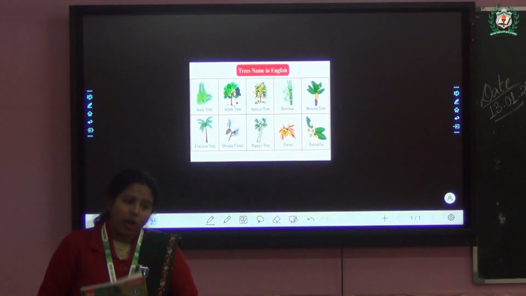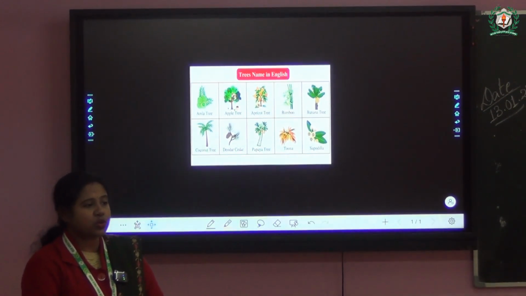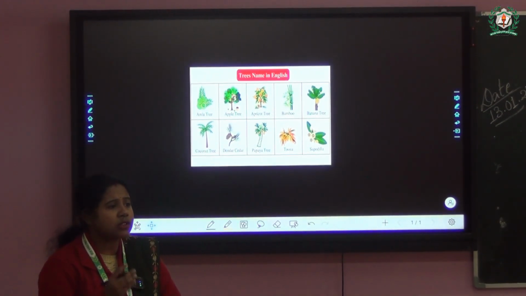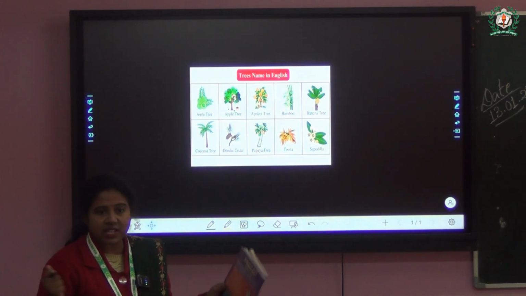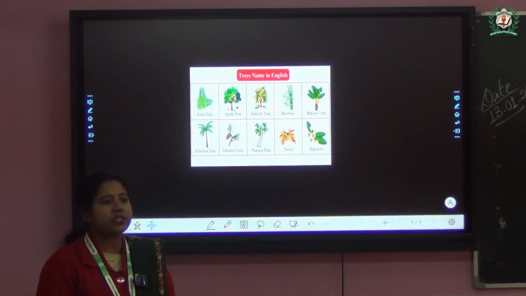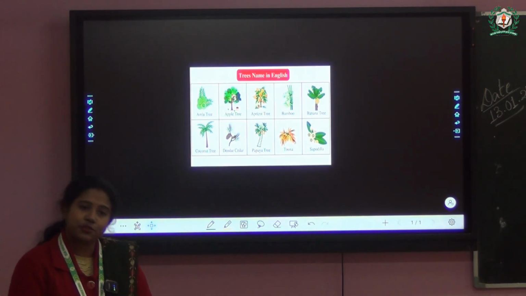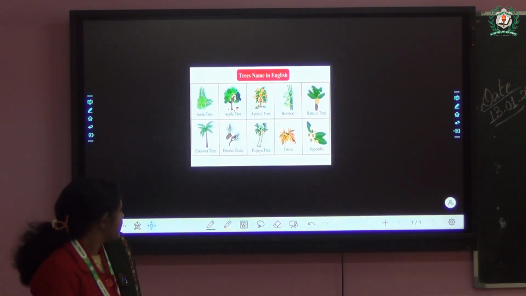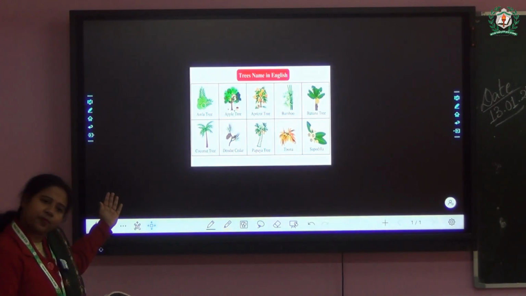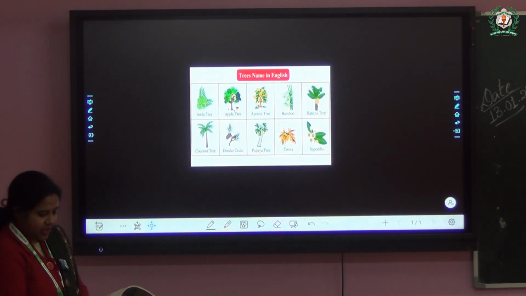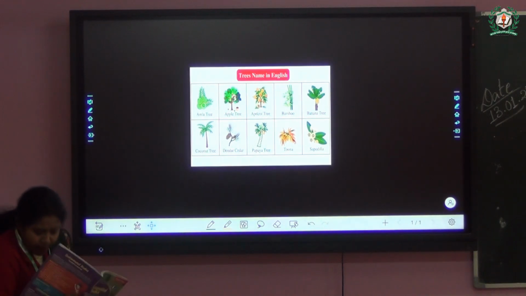So the plants that have a strong stem, that is a trunk, which is huge in size, and very strong, those plants are known as trees, isn't it? So now can you identify the trees well? Okay.